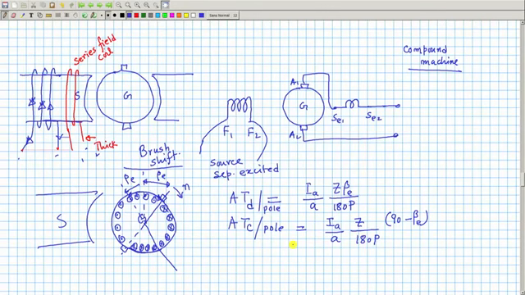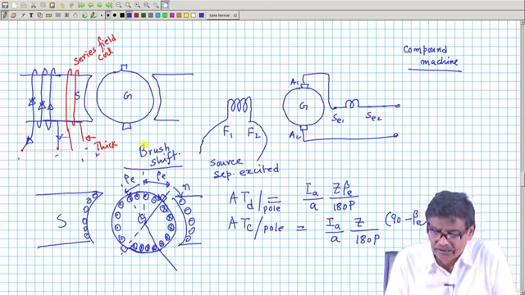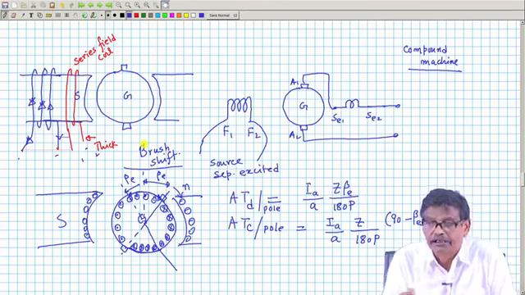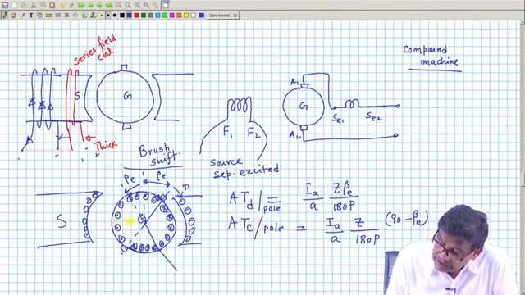Okay. Then there is a direct demagnetization per pole. So, to compensate for that, the compensating coil can only compensate for cross magnetizing ampere turns per pole, and 70% of that depending upon the pole ratio. So, I will use a compensating coil.